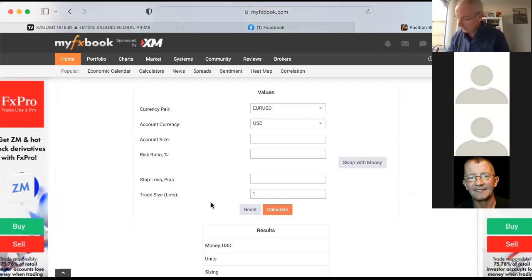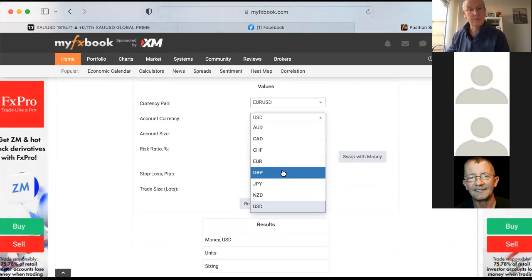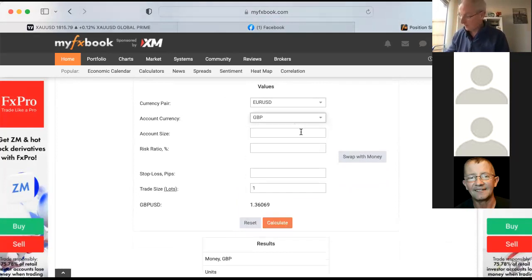To make a point, I'm just going to stay on that. I'm going to change the settings. Let's assume I'm working in British pounds and my account size is £20,000, and I want to risk 1% on this trade, and my stop loss is going to be 20 pips.